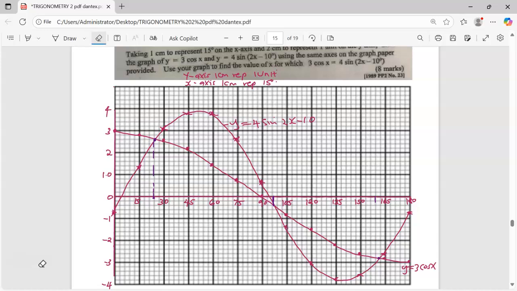So we can locate the exact point where the two are intersecting. This is where we are going to pick the value, and another value, and again another value at this point of intersection.